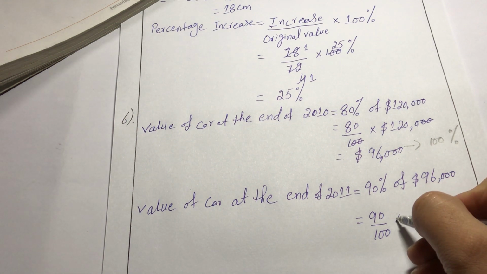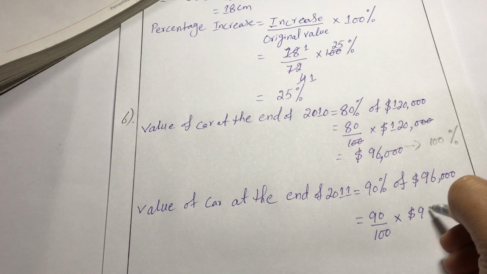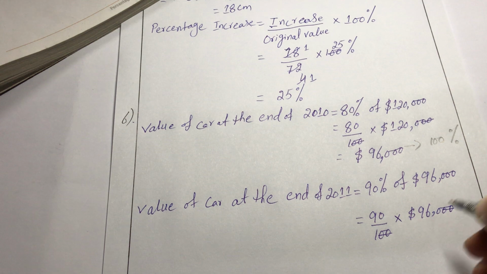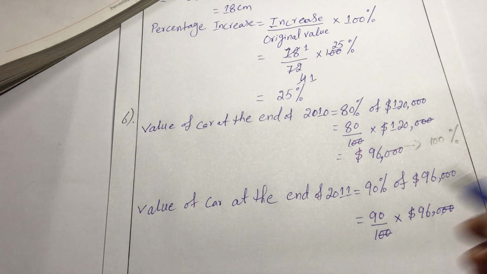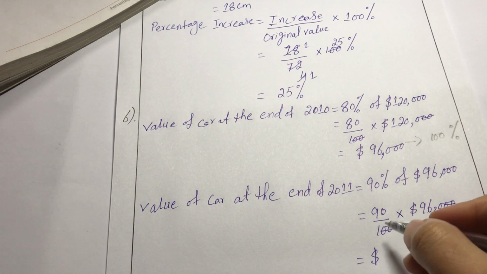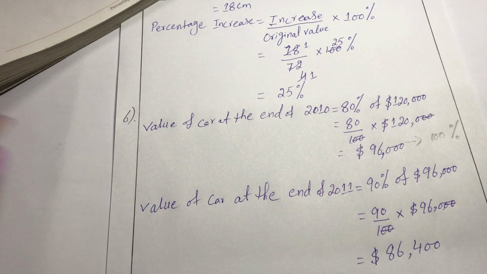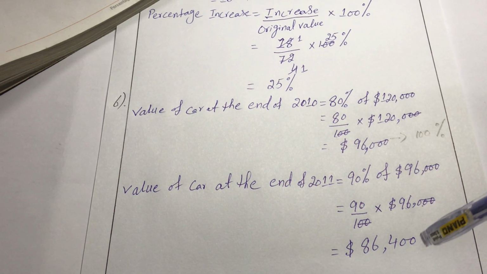For "of" you will use the multiply symbol, right? And $96,000, right? Again you can do the simplification, right? And I'm left with 90 multiplied by 960 over 1. And when you will do the multiplication, its answer would be $86,400, right?